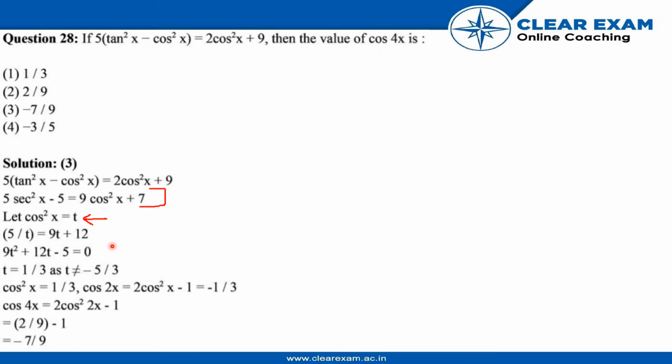Now, as we solve a quadratic equation normally, we would get two values for this t, that is t equal to 1 by 3 and t equal to minus 5 by 3.